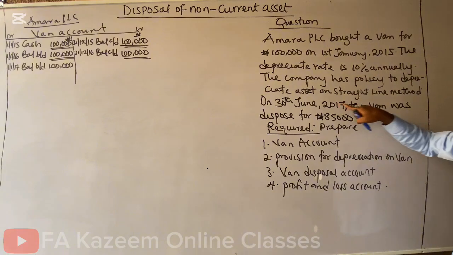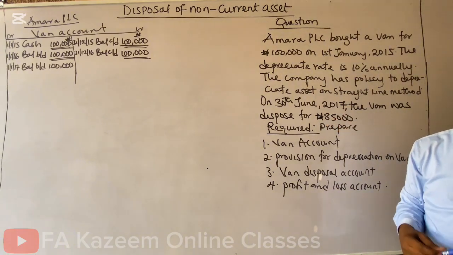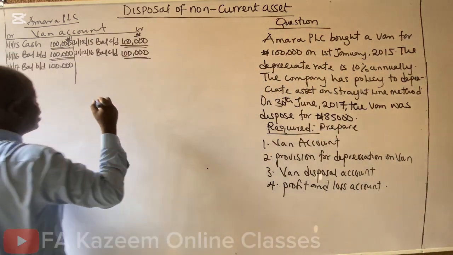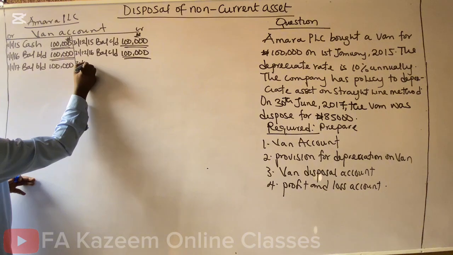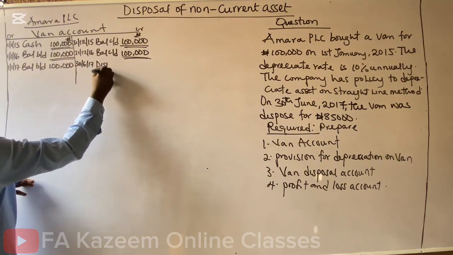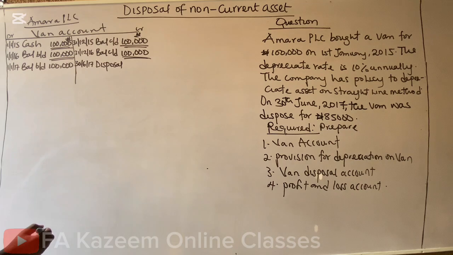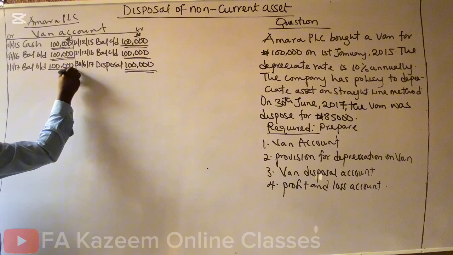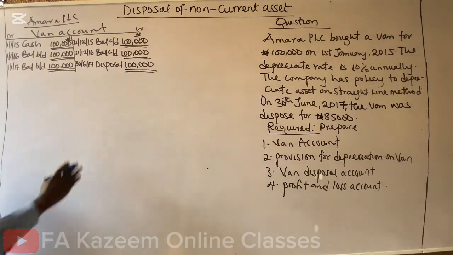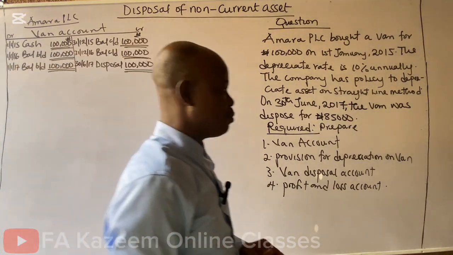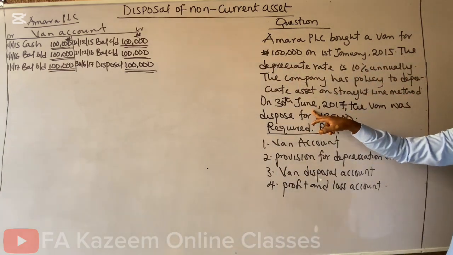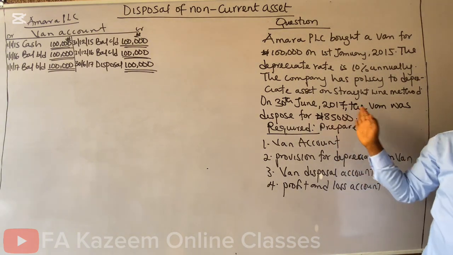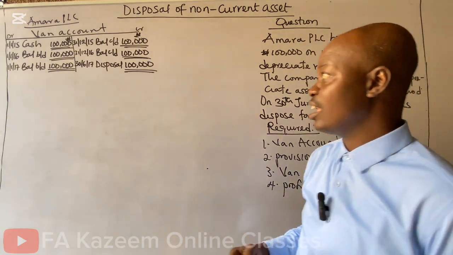Meaning, as at the end of 30th June, this asset is no longer existing in the books of Amara PLC. We'll go to the other side and put 30th June 2017 and put the word disposal. That is, we have written off the asset. Balance carried down shows that the asset is still existing, but as at 30th June, the asset is no longer existing.